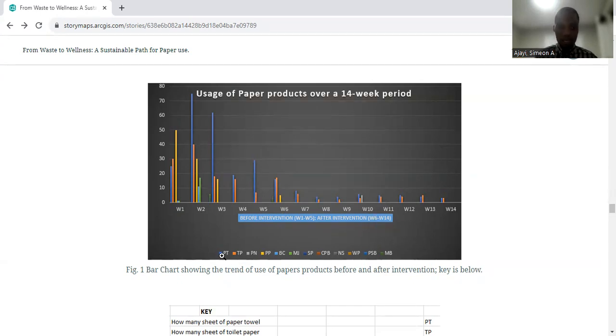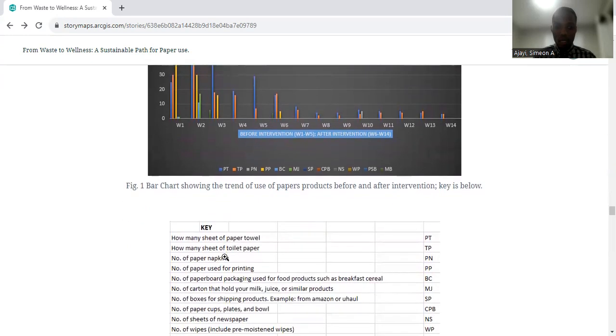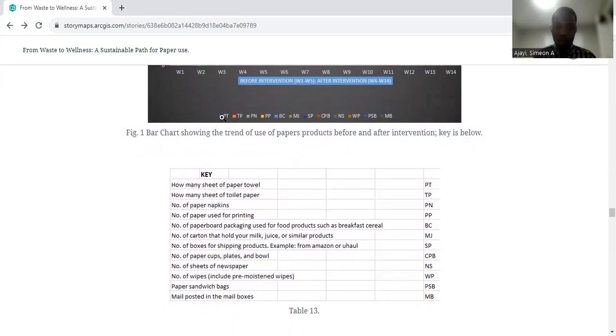These are the keys, and this is color-coded. PT stands for paper towel. TP stands for toilet paper. PN stands for paper napkins. PP stands for printing paper, or paper used for printing. BC stands for breakfast cereal.